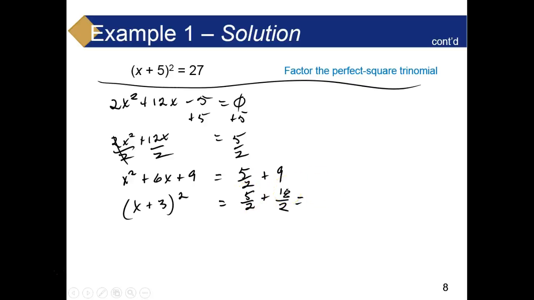Yeah, okay. We've already done that the other way. We did this so we could add our numerators because we got a common denominator. And what's that? 23 halves. Got it. And now what do we do? Take the square root of both sides of the equation. And on the numerical side, you put a plus or minus. And what can you say at this point? Well, what does this left-hand side give us?